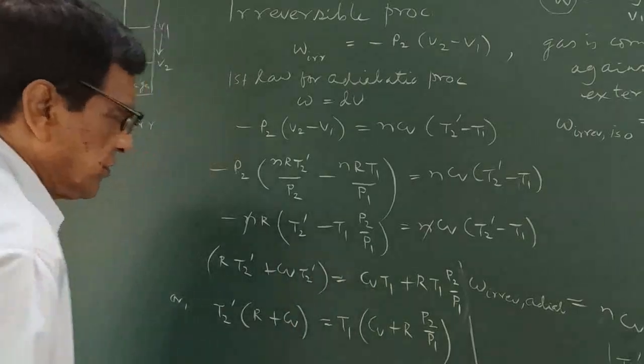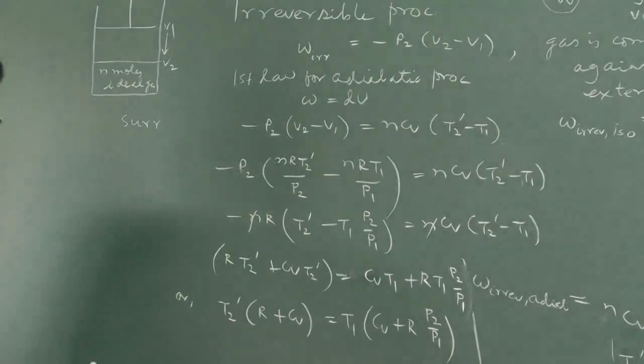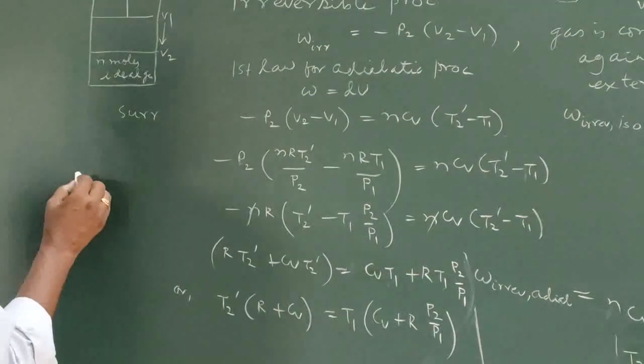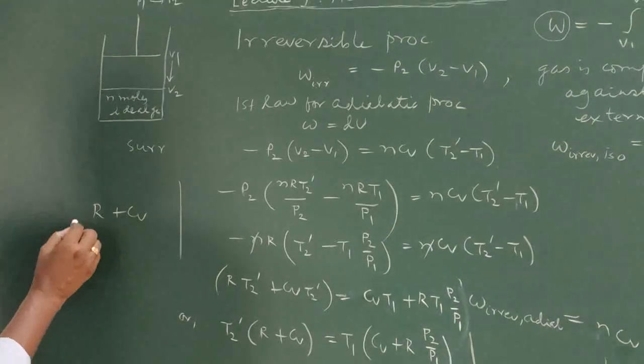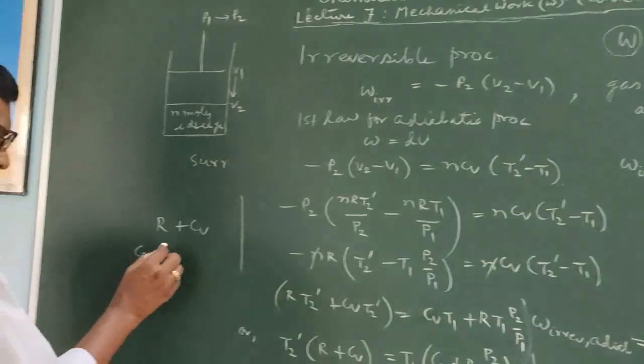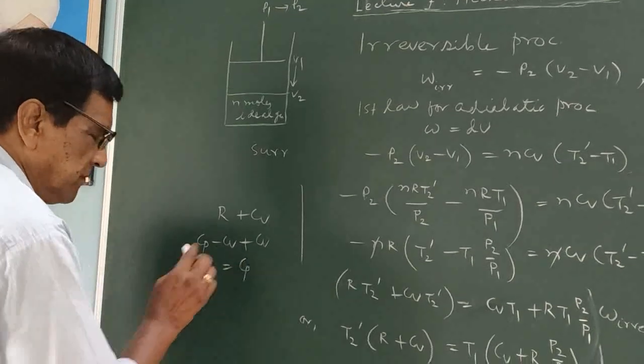For an ideal gas, R equals Cp minus Cv, so R plus Cv is equal to Cp.